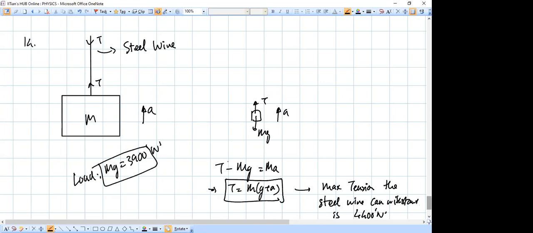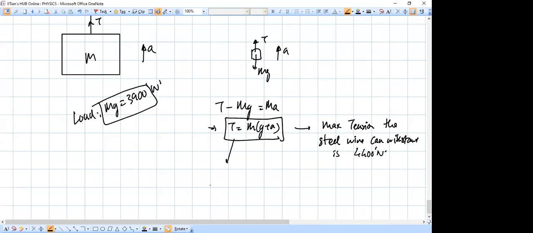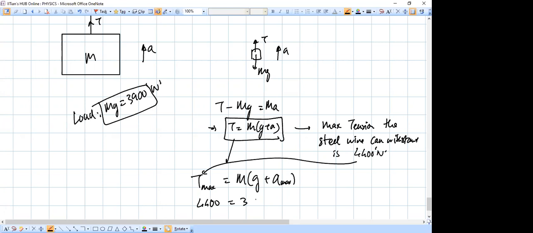When you substitute tension as the maximum possible tension, the corresponding value of A is the maximum acceleration. So the maximum tension is equal to the weight plus m into A max.